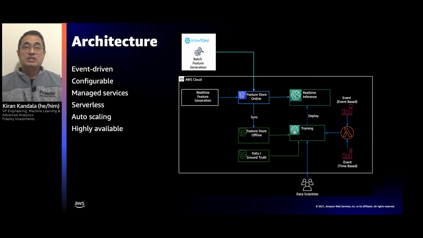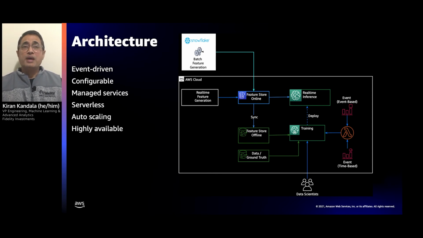And those features are going to be used for continuous training and batch inference. I'm going to talk about each of these areas in a bit more detail in subsequent slides. This solution particularly is built on event-driven configurable architecture.